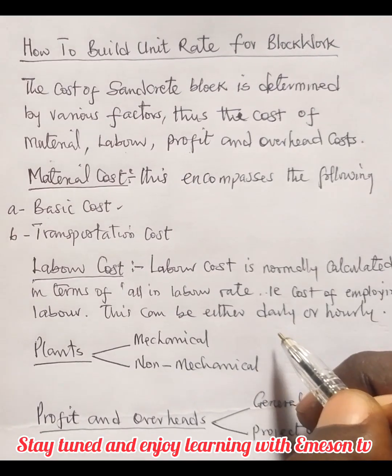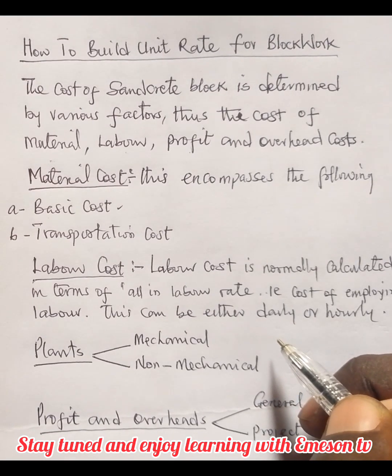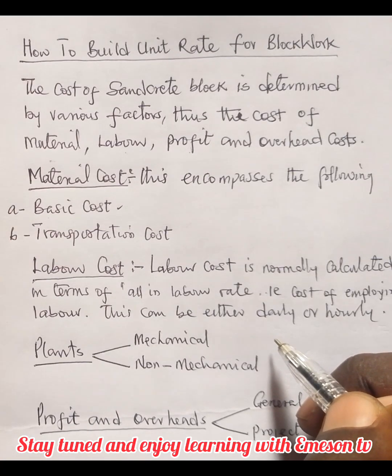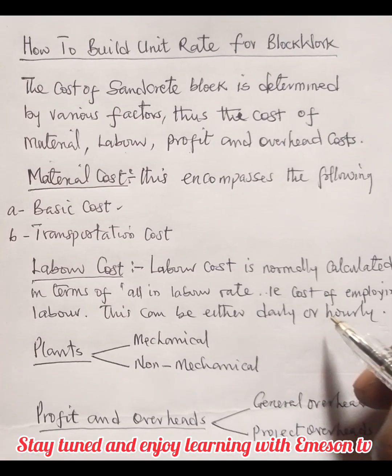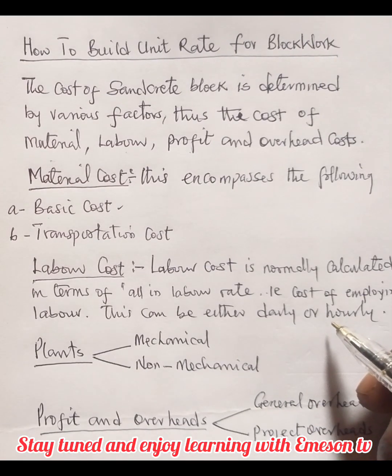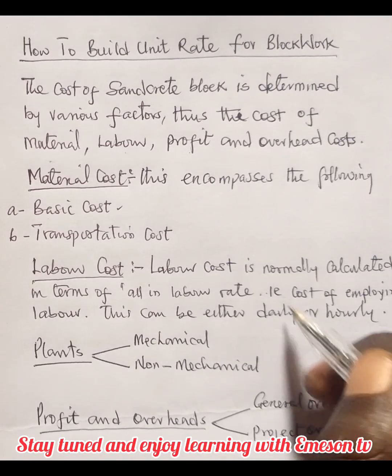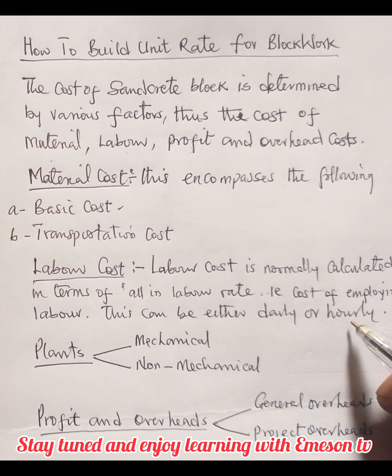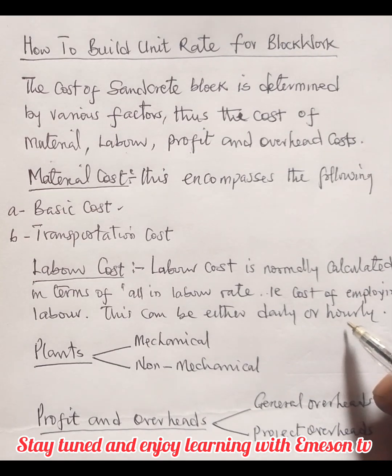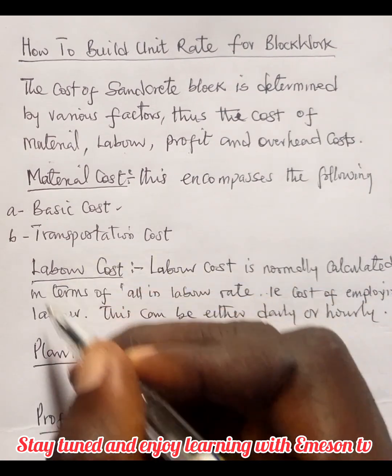If it is daily, for example, daily labor cost now is, let me say, 8,000 naira for block work in the building industry for skilled labor, and for unskilled labor it is 4,000 naira. If you want to consider it hourly, for skilled, it will be 1,000 naira per hour because we have 8 hours in a day. For unskilled, it will be 500 naira per hour. So you have to consider your labor cost.